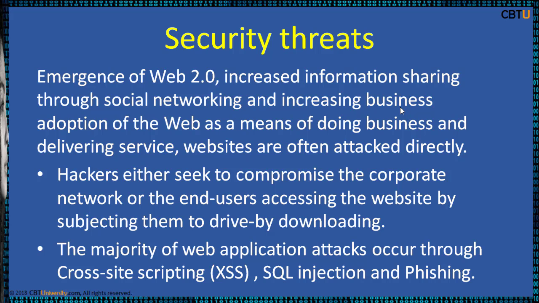Websites are often attacked directly. Hackers either seek to compromise the corporate network or the end users accessing the website by subjecting them to drive-by downloading. The majority of web application attacks occur through cross-site scripting, SQL injection, and phishing.